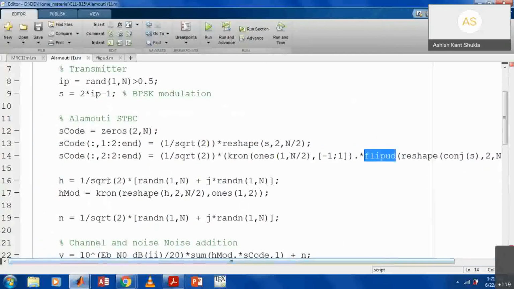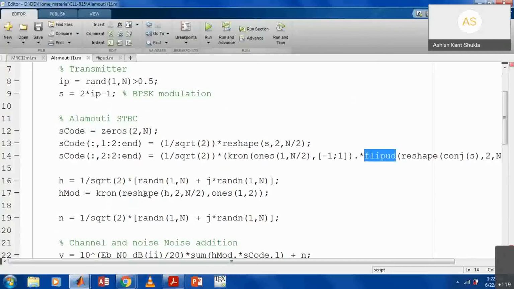Next, line number 16 is just a generation of a channel, and in line number 17 we are just finding the modulus of this channel, using Kronecker products.